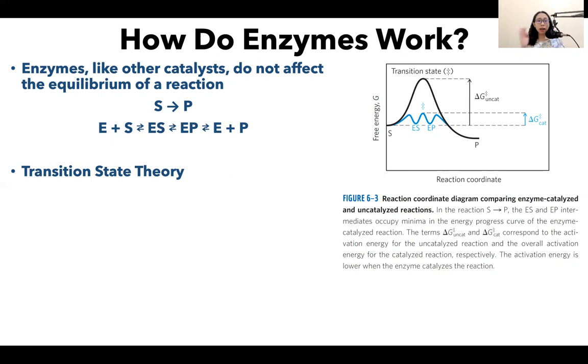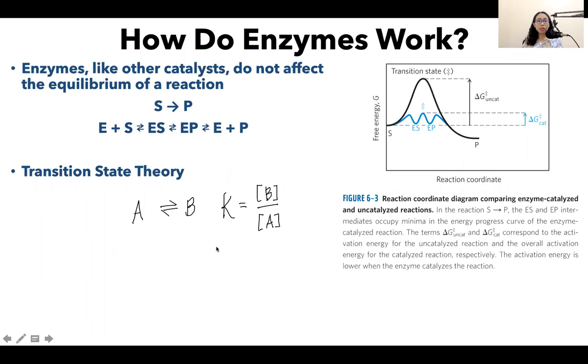So number one, enzymes do not affect the equilibrium of a reaction. So recall, when we talk about equilibrium, we use what we call the equilibrium constant, capital K, which is a ratio of the concentration of your product to the concentration of your reactant.